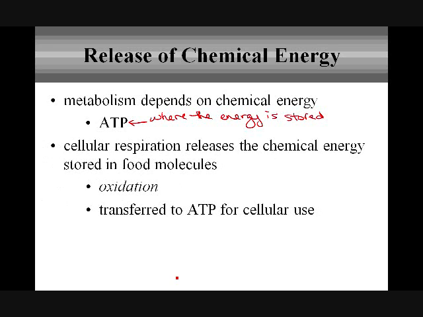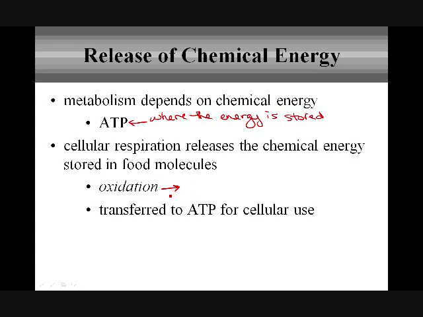Cellular respiration is a specific process where that chemical energy in food gets transferred from the stored food molecules into the ATP molecules. And it's done so in a process, an oxidation reaction.